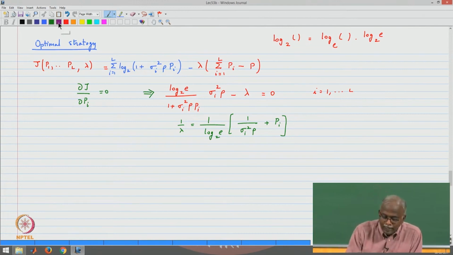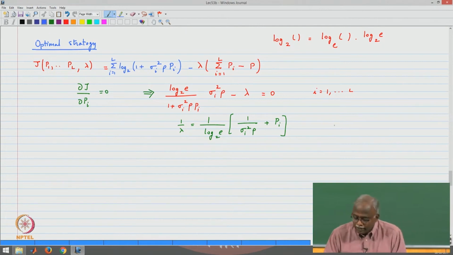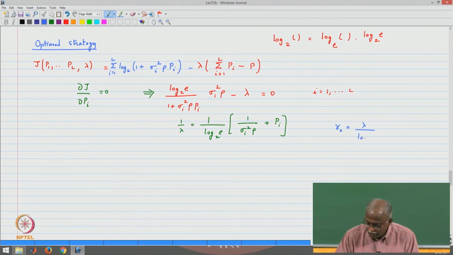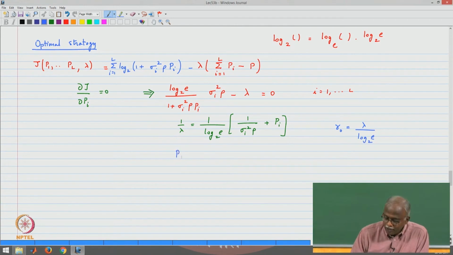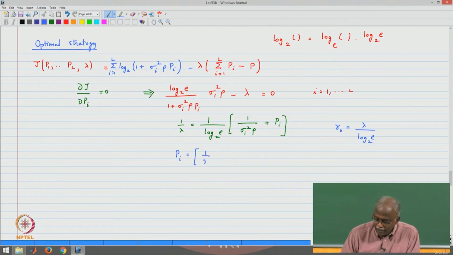So, we would like to define a constant in the following form. Call gamma naught as lambda divided by logarithm e base 2. Then we can write p subscript I as 1 by gamma naught minus 1 by sigma I squared times rho.